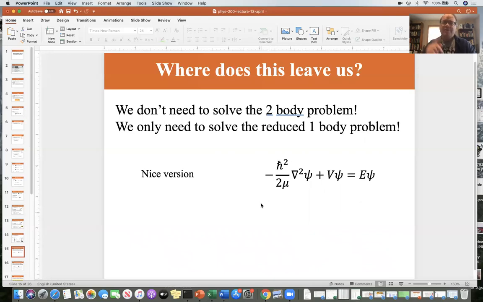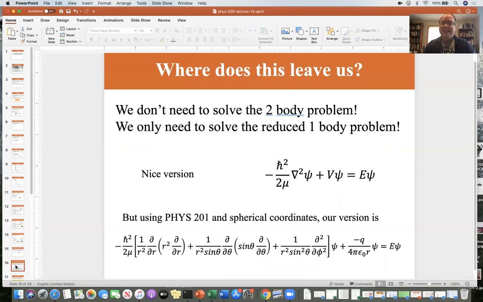But then we remember Dr. Tever in Physics 201. We remember that del squared, we're going to be doing this probably in spherical coordinates because our potential is spherically symmetric, right? It only depends on the radial distance r between the proton and the electron. So we're going to want to do this in spherical coordinates. If you remember, del squared in spherical coordinates is that. Yay.